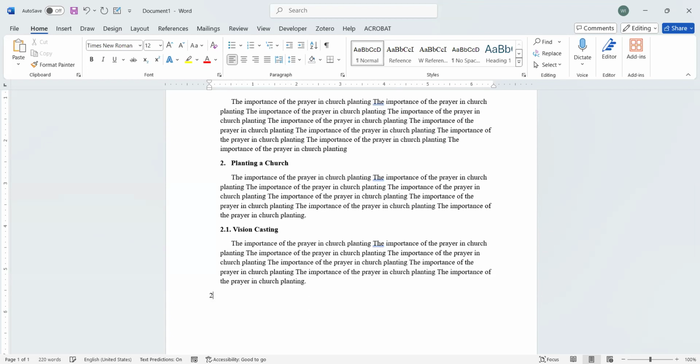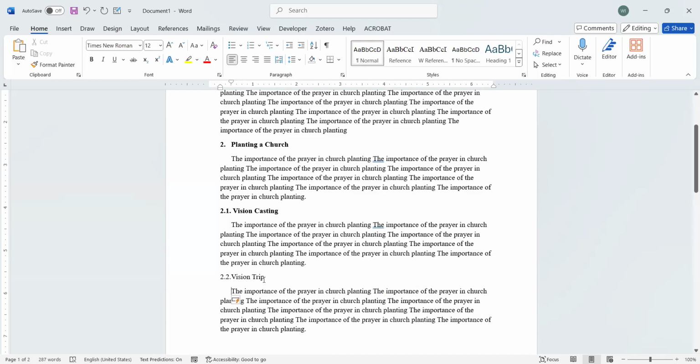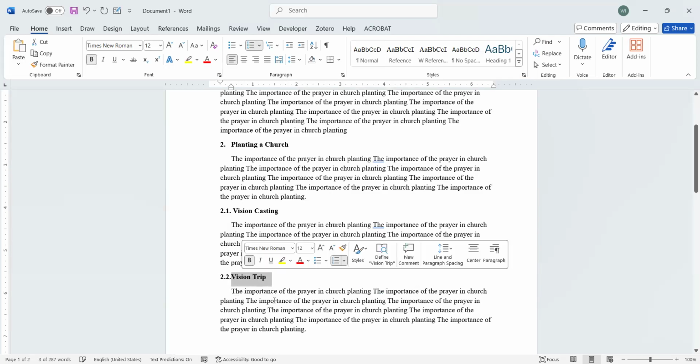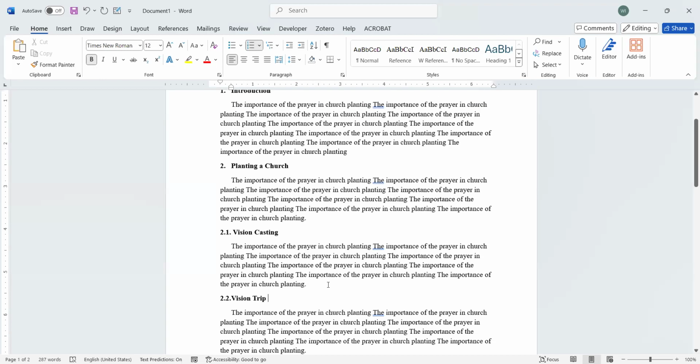Then next, 2.2. Okay, this is what we have been doing, many of us. And even now, in APA style, we do this.